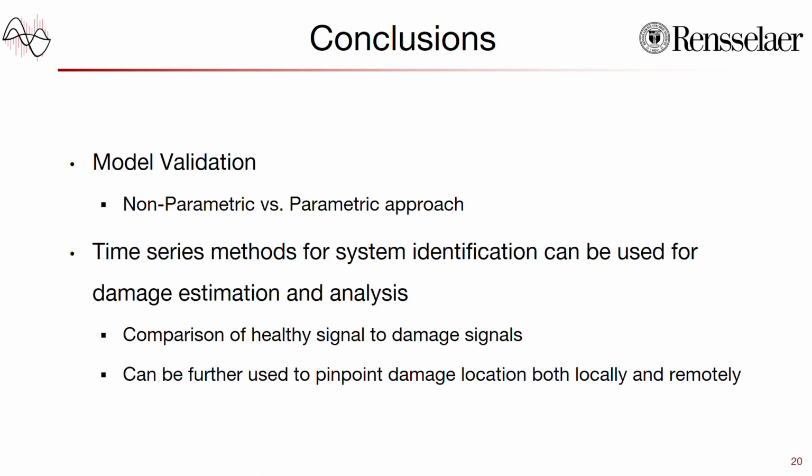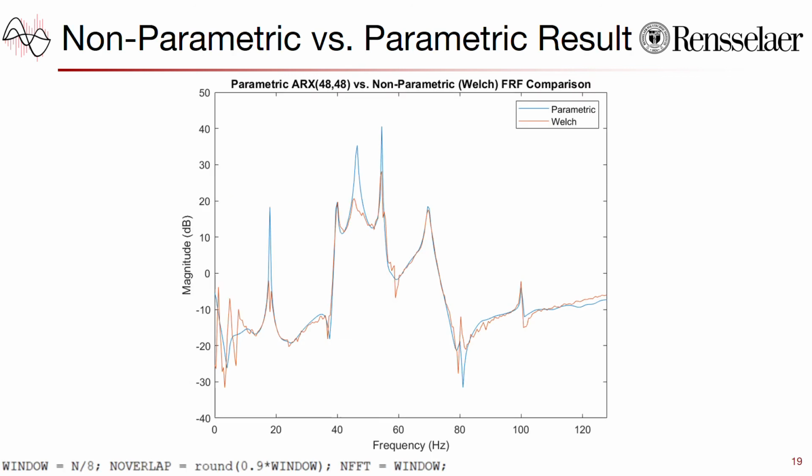So in conclusion, the non-parametric versus parametric approach checked out, especially with a model order of 48 and 48 for NA and NB. As you can see from the slide here, it does follow the general trend. It does encapsulate these peaks, as well as any valleys.